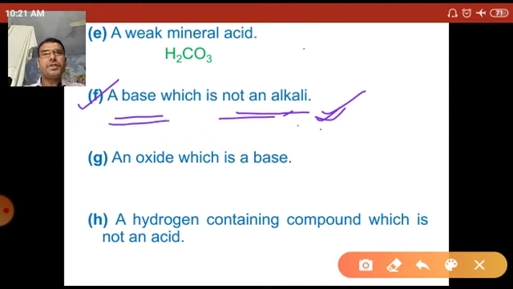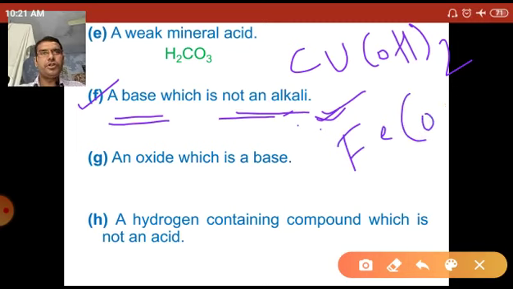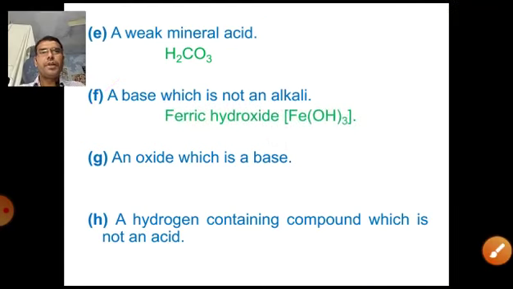There are many such bases, for example copper hydroxide, Cu(OH)2, and ferric hydroxide, Fe(OH)3. These bases are not soluble in water. So the answer here is ferric hydroxide, Fe(OH)3. This base does not dissolve in water, so it does not behave as an alkali, but it behaves as a base.